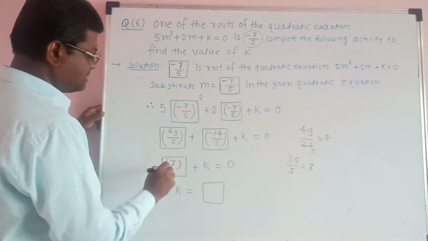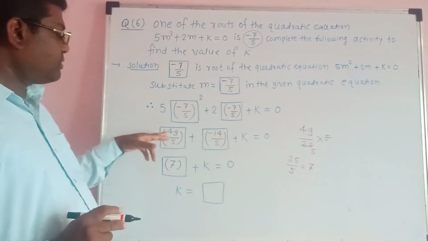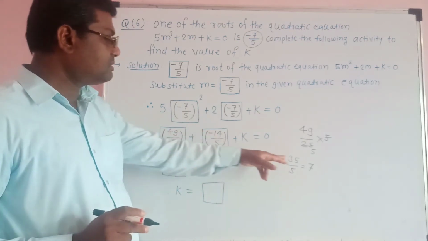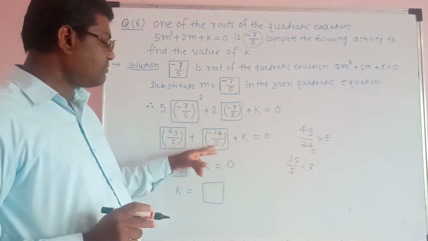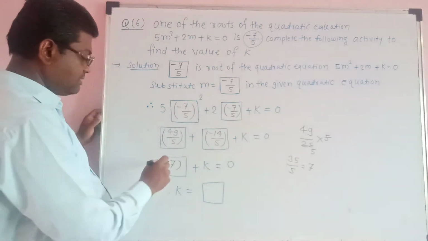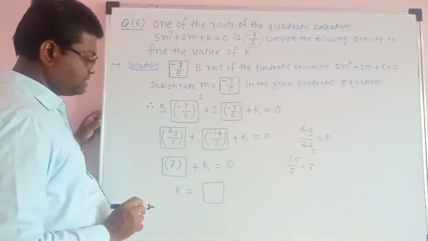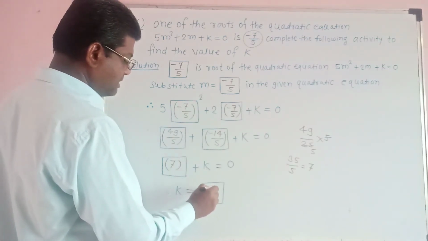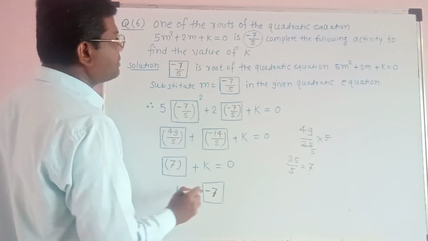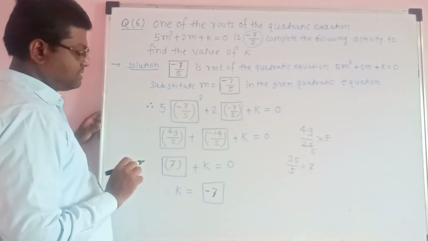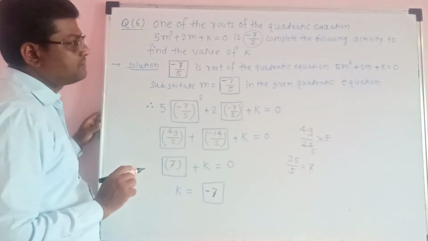Therefore, here we write 7. 49 minus 14 is equal to 35 upon 5. 5 sevens are 35. So 7 plus k is equal to 0. So k is equal to minus 7. Therefore, the value of k, that is the constant term in this equation, is minus 7.